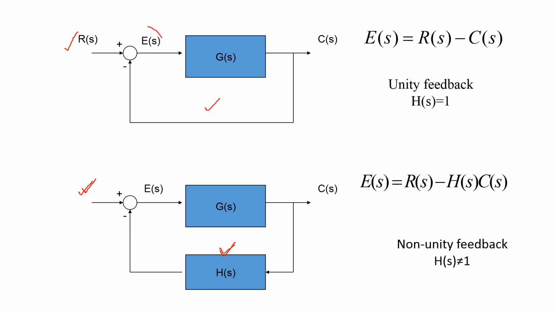Here E of S is the error, that is the difference between R of S and C of S. For the unity feedback system, E of S is R of S minus C of S. For the non-unity feedback system, E of S is R of S minus H of S into C of S.